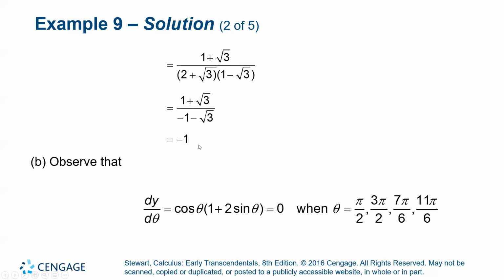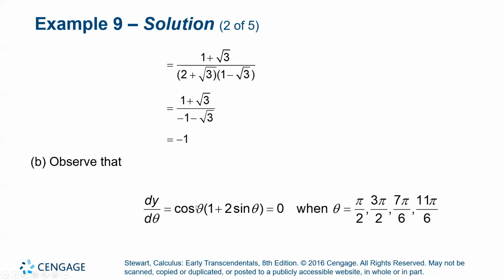Now for part B, they want to know all the horizontal and vertical tangents. So we have to observe the dy d theta and dx d theta separately. So dy d theta was the numerator, cosine theta times 1 plus 2 sine, and we want to solve that equal to 0. And that works out to be what you see on the right here.